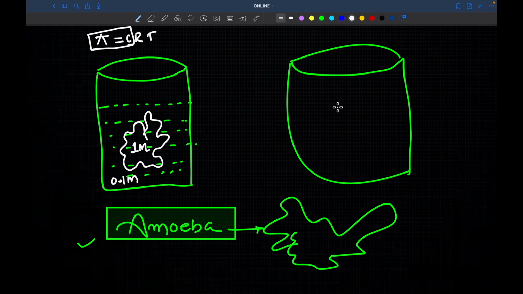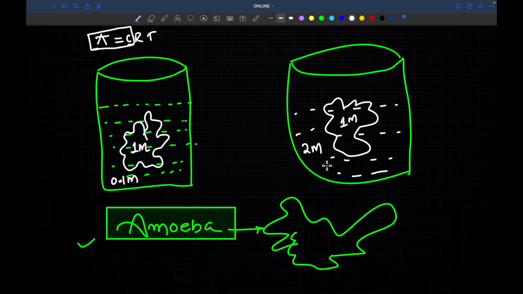So this is the first situation, and this is another situation where the amoeba's concentration is going to be 1 molar and here the outside concentration is, let us say, 2 molar. What differences do you see in these two cases? Tell me, what is the difference between the two?